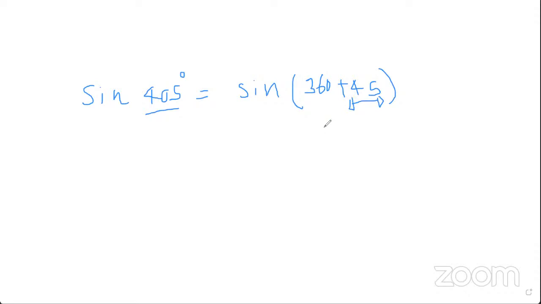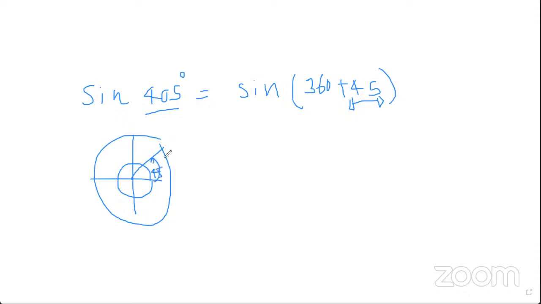And you want to understand 360 plus 45. When it is 360, what will happen? If it is 360, it will be complete in this one and come to this position. Where is 405? 405 means you have to again go 45 degrees.